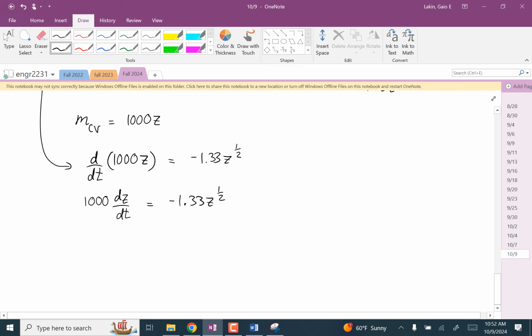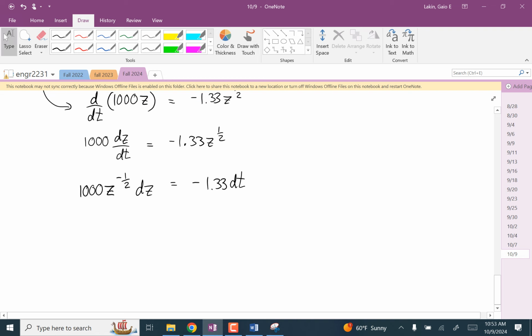So now I'm going to rearrange this as 1000 z to the -1/2 dz is equal to -1.33 dt. And now I'm going to integrate both of these. Or I could divide: what's 1000 divided by -1.33? 1333.